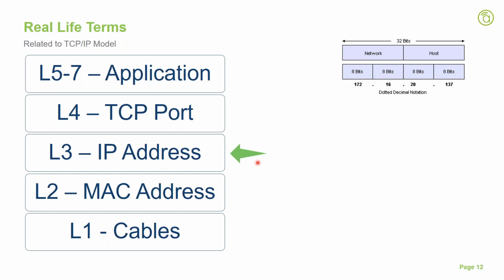Because if you think about it, if the IP address doesn't exist, and you have to really know the MAC address of your destination, then every device in the world would need to know the MAC address of almost every device in the world. And that is a lot of devices, and that's a lot of overhead, and that slows things down significantly.